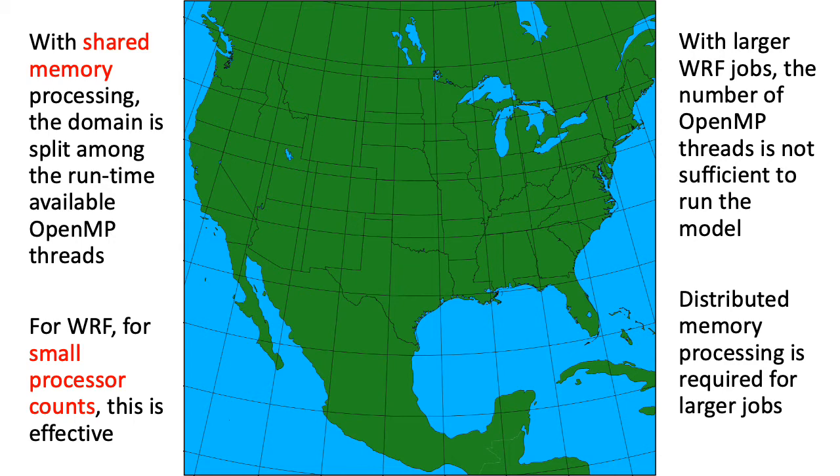Usually what you see for very large jobs is distributed memory processing is required. People can take advantage of OpenMP and MPI together, but for large jobs, distributed memory is mandatory, and OpenMP processing is optional.